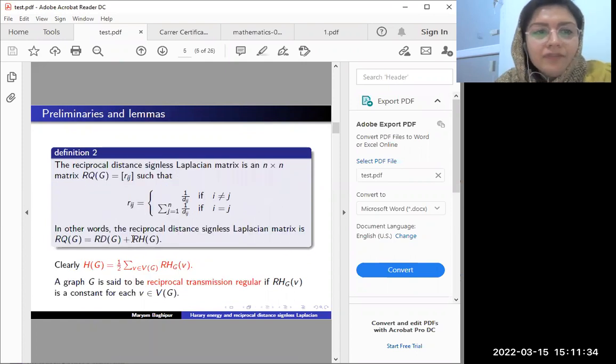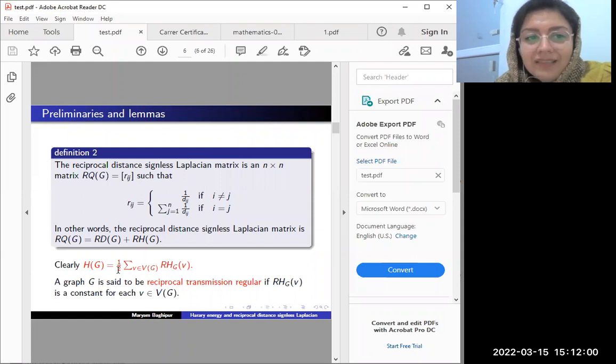That's why, according to this concept, we defined the reciprocal distance signless Laplacian matrix as equal to reciprocal distance plus reciprocal transmission. I mean, this matrix is to some extent the distance signless Laplacian, but here we have reciprocal.